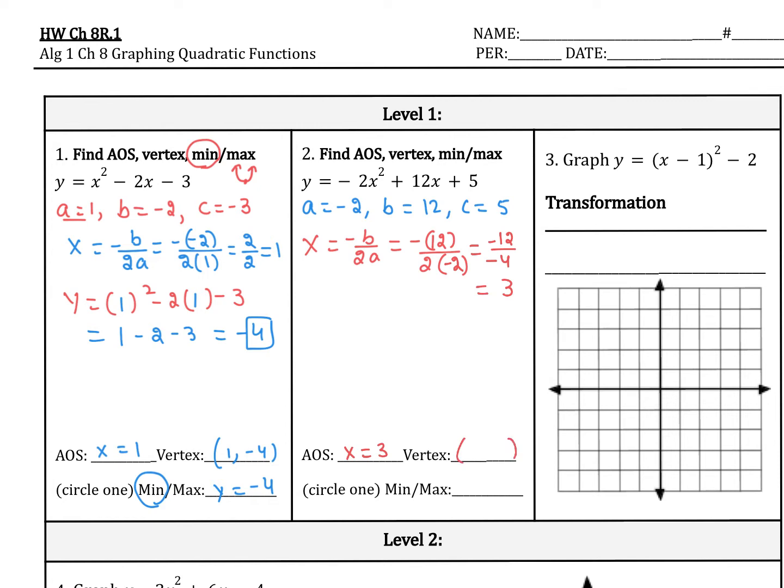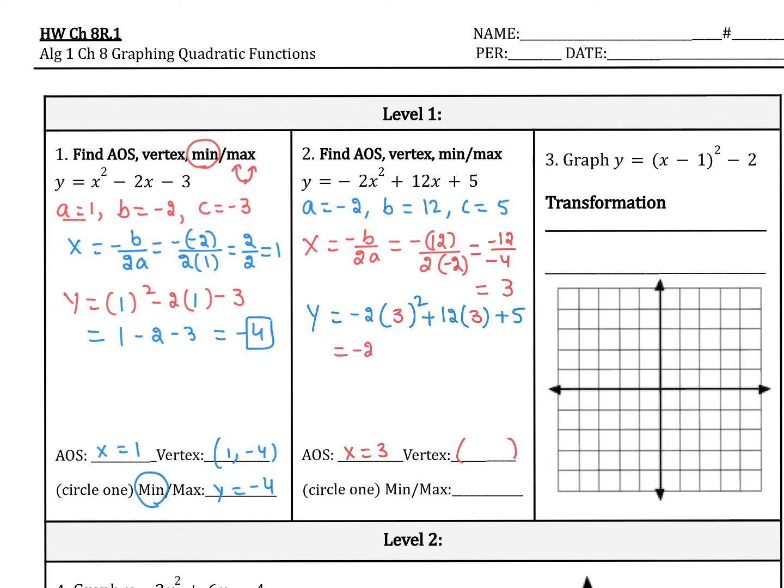To find the vertex, you're going to plug it in for the y. So plug the x value to find y. Always put the bracket around so that it's easier to plug it in.